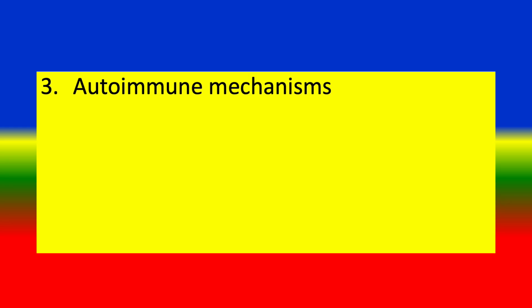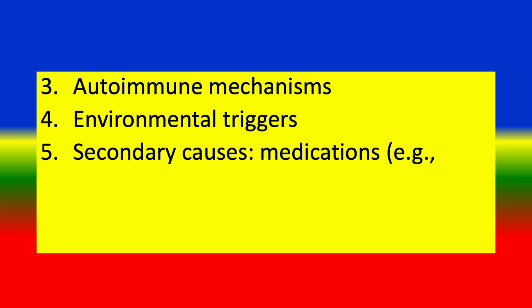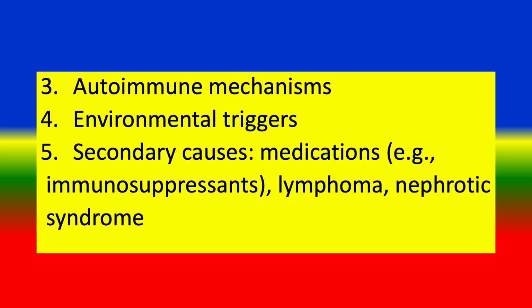Autoimmune mechanisms, 4. Environmental triggers, 5. Secondary causes: medications, example immunosuppressants, lymphoma, nephrotic syndrome.